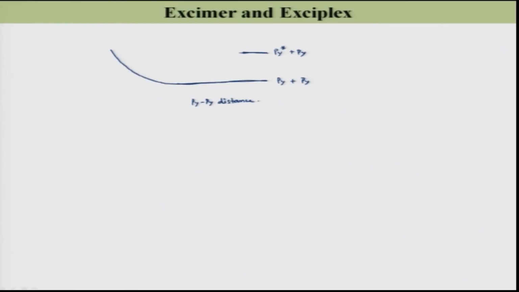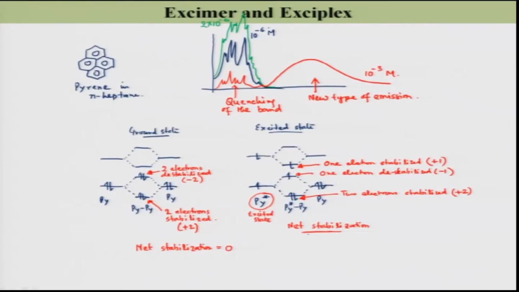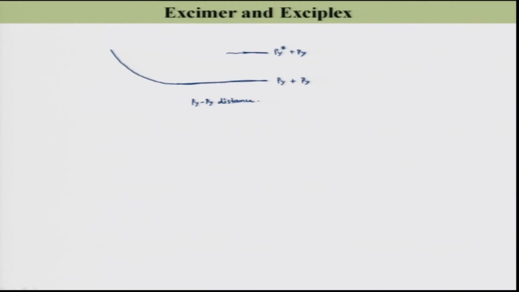Because of this net stabilization, I showed here this net stabilization, right. When these two pyridines approach, at some point there must be some dip, and then obviously because of this repulsion term, this will increase, right. So, my drawing is not very good. I should have drawn this this way, like this. So, this is the correct version.